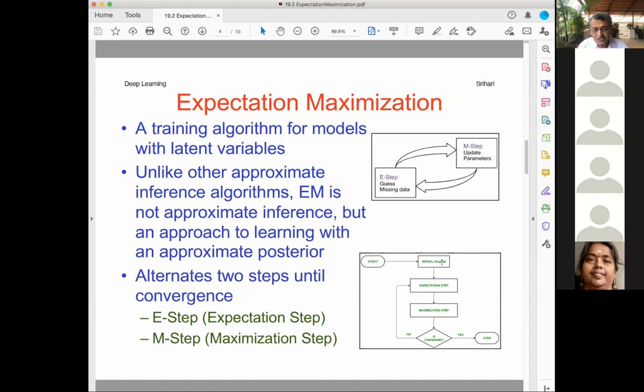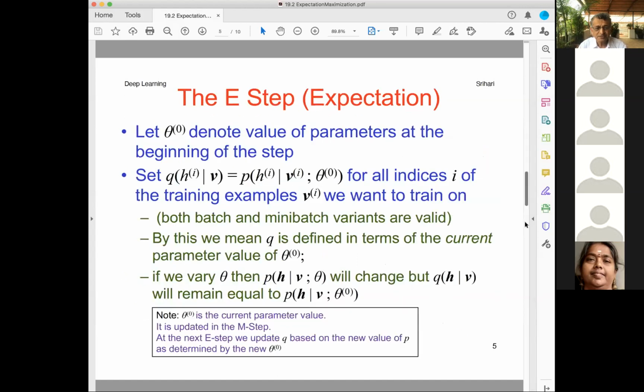We initialize the values, and then we have an expectation step, a maximization step, and we ask the question, has it converged? If it is no, we go back. If there is no change, we stop, otherwise we go back. So that's a general slide about expectation maximization.